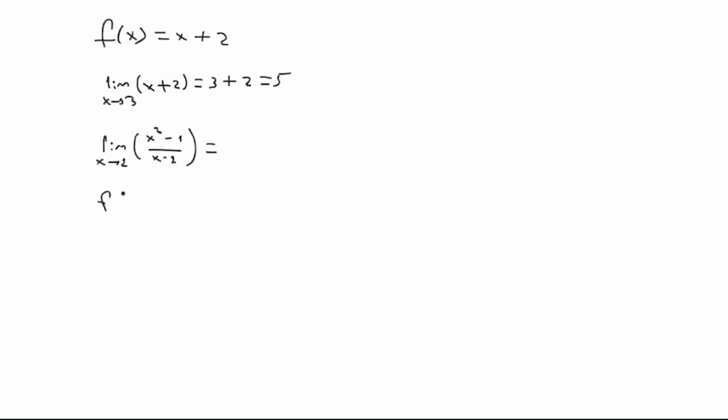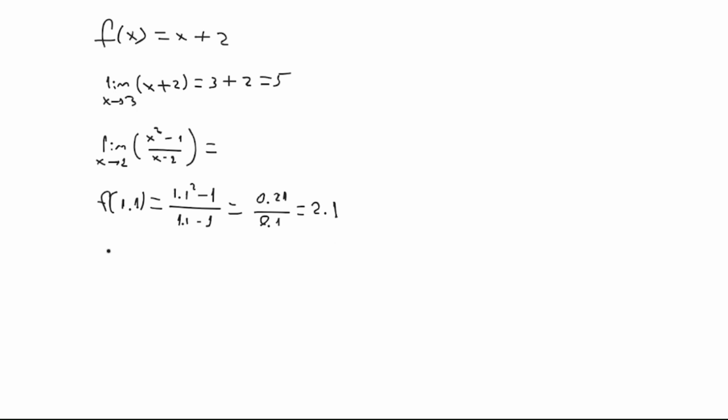So if we substitute 1.1 into this function, we get 1.1 squared minus 1 over 1.1 minus 1. So this is 0.21 over 0.1, and this is 2.1. So this value is pretty close to 2, right?